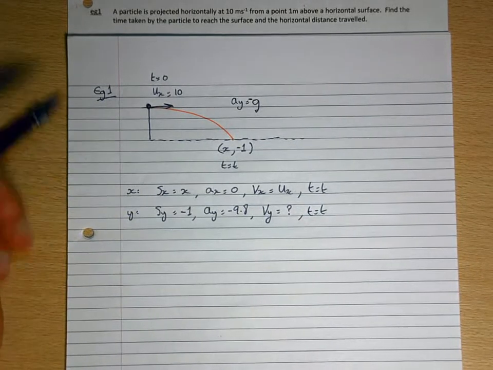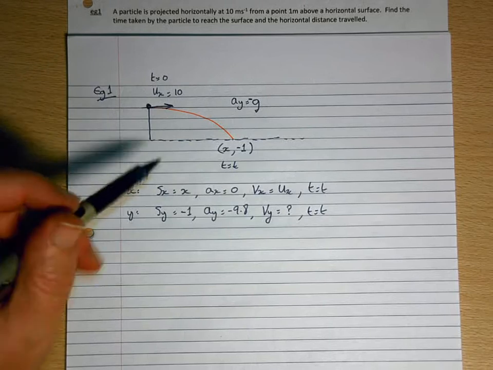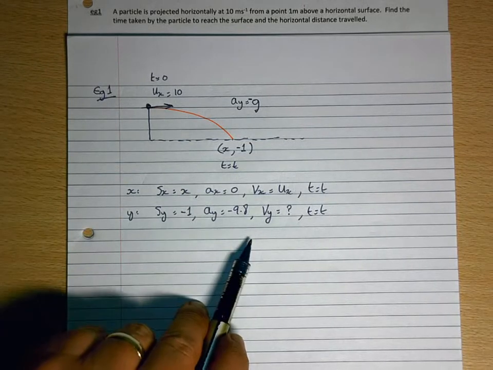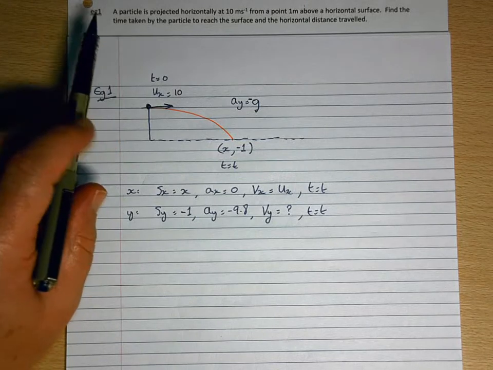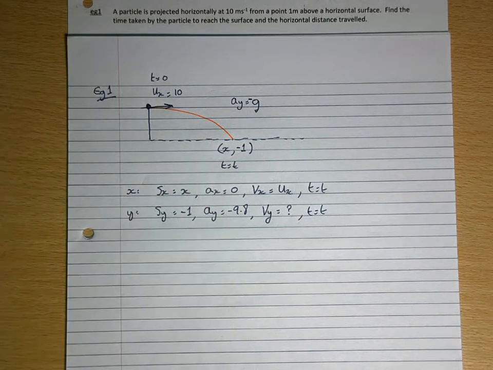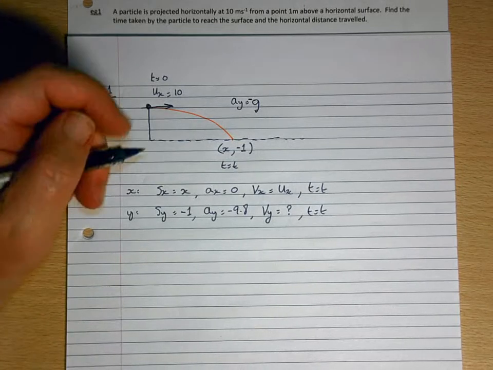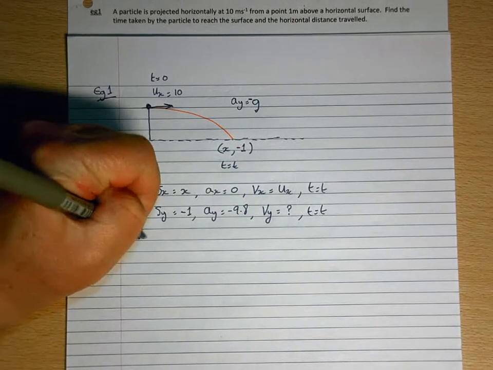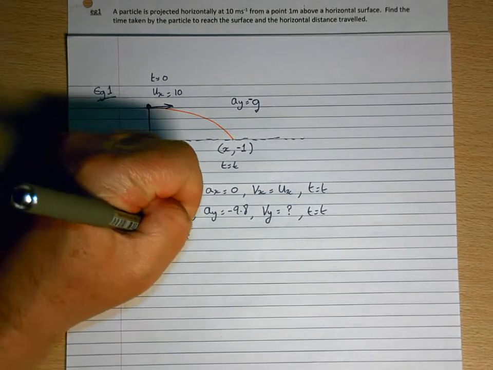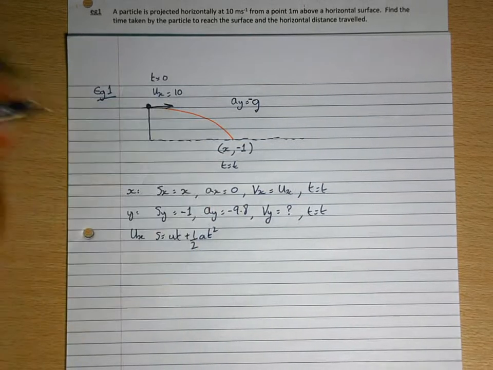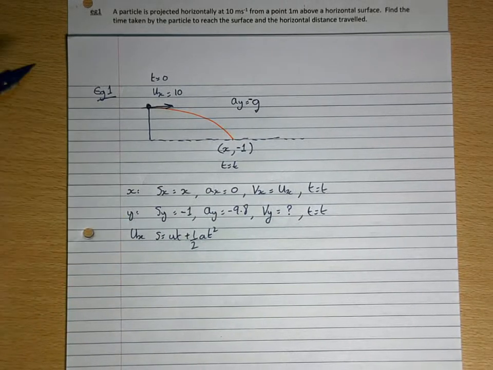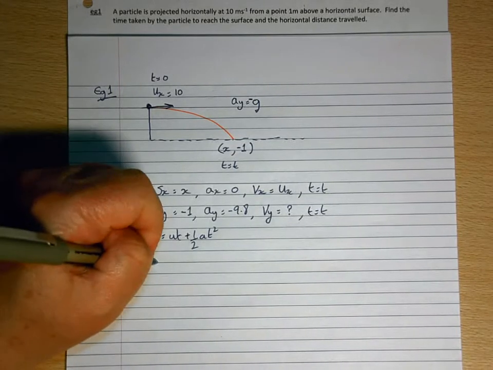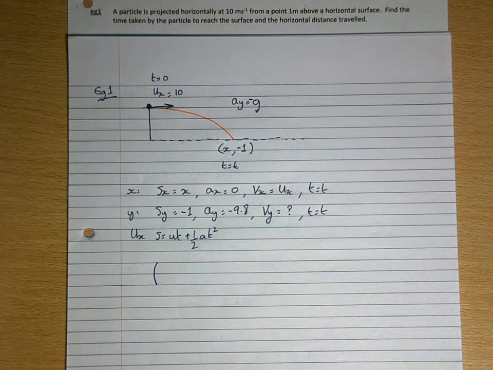So if we think about our SUVAT formulae, we want to find a relationship that contains t and one that contains x. So if we use s equals ut plus a half at squared, we end up doing two versions of that, one for horizontal motion, one for vertical motion, and we can write that as a column vector.